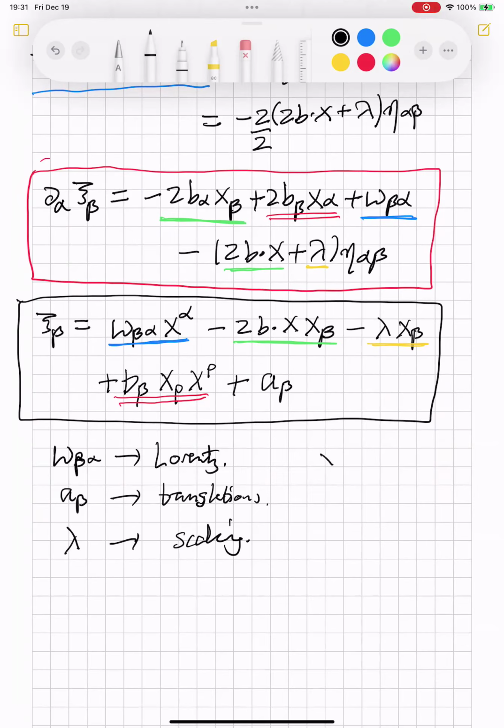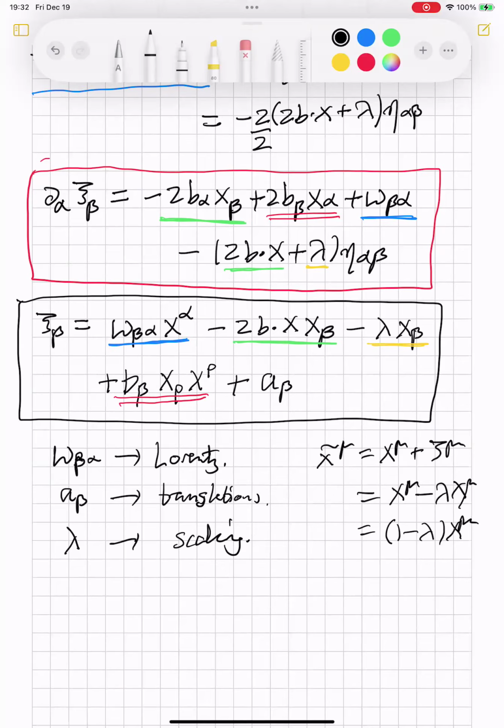Remember that x tilde mu is equal to x mu plus zeta mu. And if we consider a zeta mu where lambda is the only non-zero variable, then this would become x mu plus lambda x mu, which is, actually it would be minus lambda x mu. This would be a minus, and then we would get 1 minus lambda times by x mu.